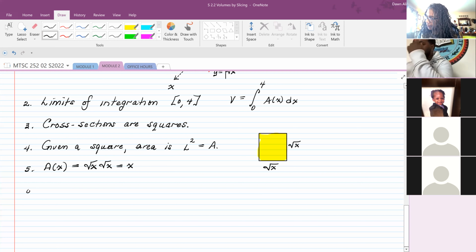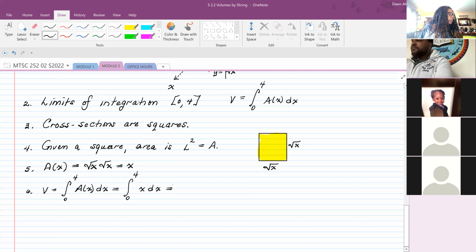So then the volume is the integral from 0 to 4 of A of x dx, which is the integral from 0 to 4 of x dx. And that turns out to be 8.